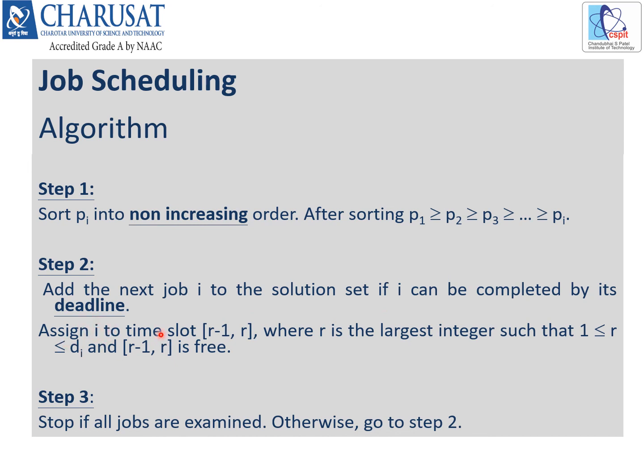For assigning this i, we have to check the slot (r-1, r), where r is the largest integer such that 1 is less than or equal to r, less than or equal to the deadline of that job i. So if the deadline of the job is 4, we have to check the 3 to 4 slot for the job scheduling problem. And if it is free, we can schedule that job in that particular slot.